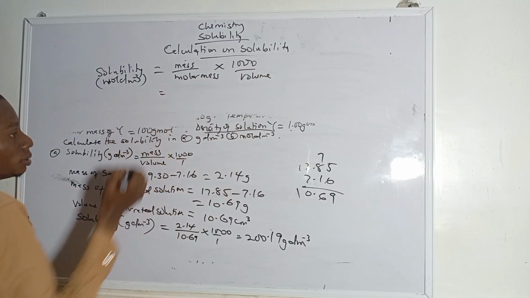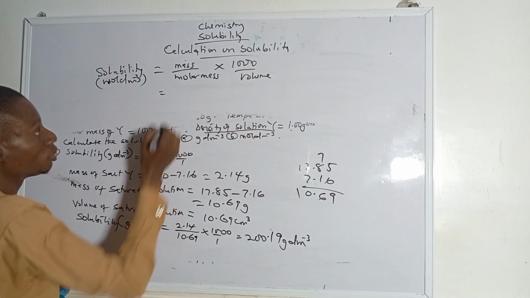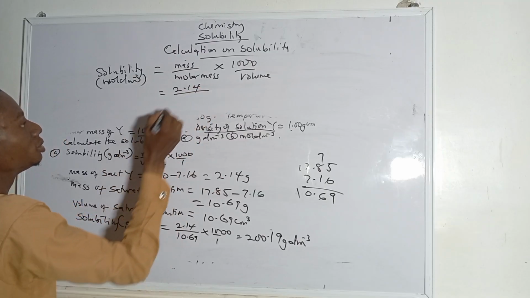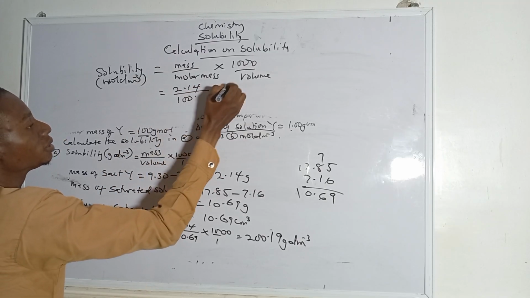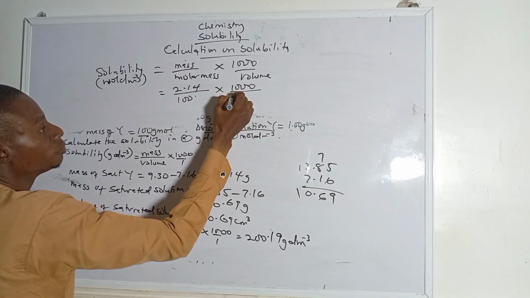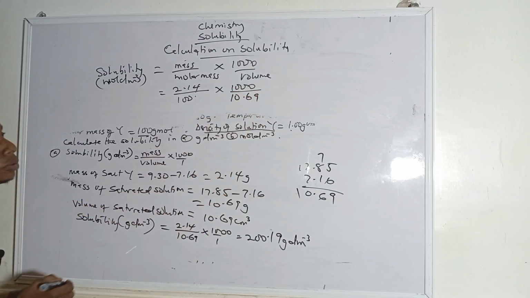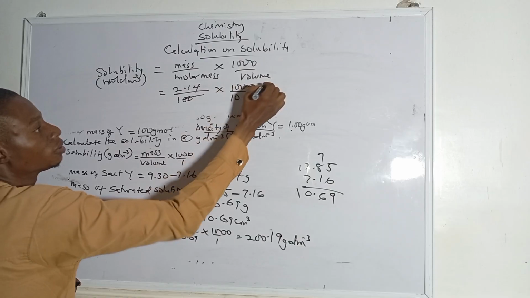So mass is 2.14, molar mass has been given as 100, times 1000, volume is 10.69.